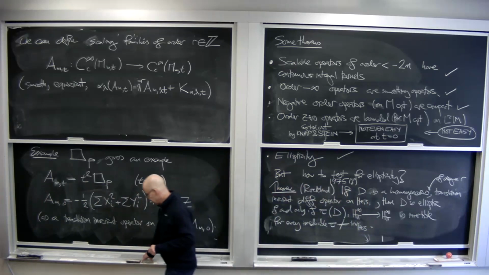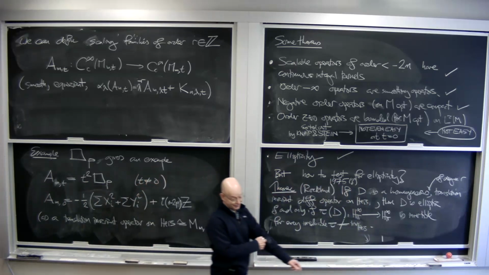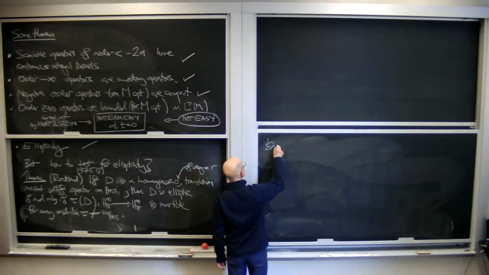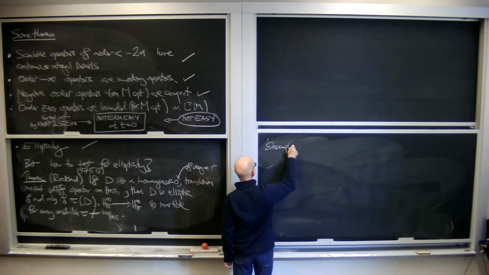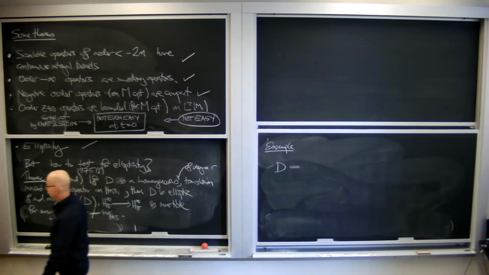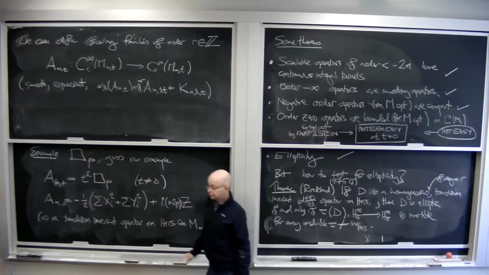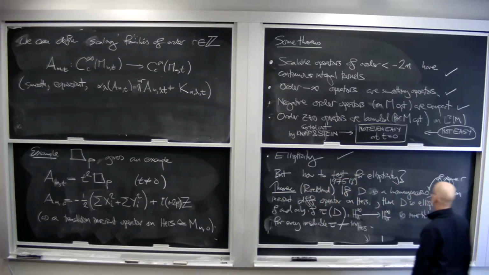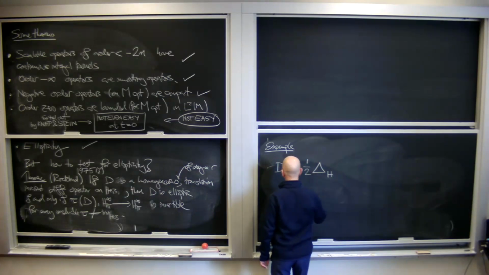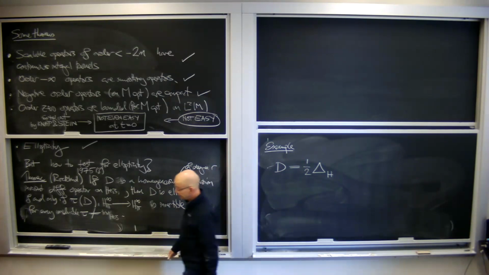Let's just look at one example, and then we'll end with a beautiful formula due to Eric. Let's go back to this fellow here. This is one half of some sort of H version of the Laplacian.